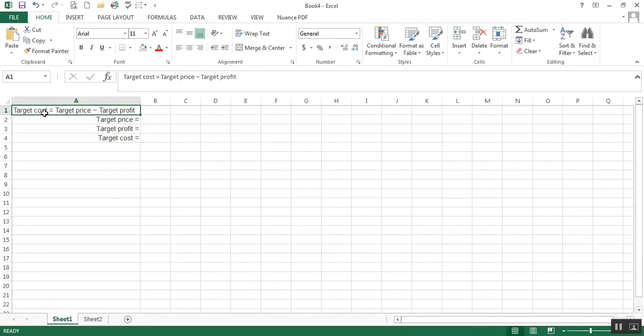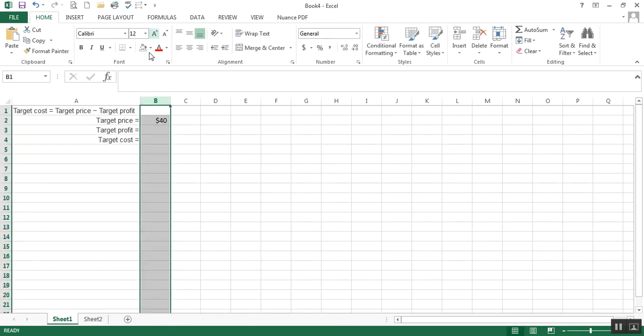So after reading the book, we know that the target cost is the difference between your target price and your target profit. So here, our target price we know is $40. That's what we're selling the product for. And the target profit is going to be a 20% return on that.